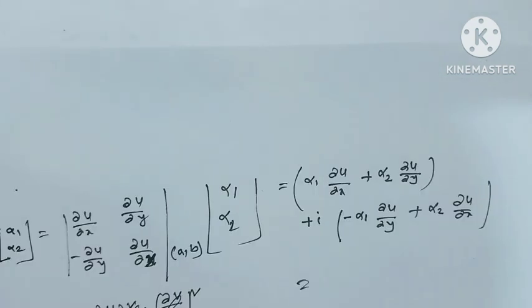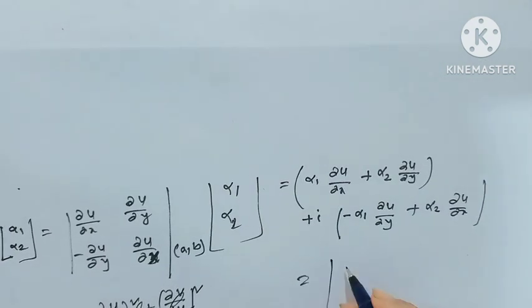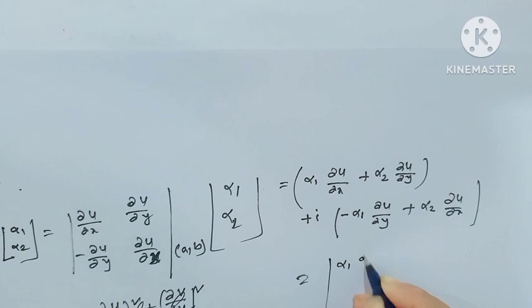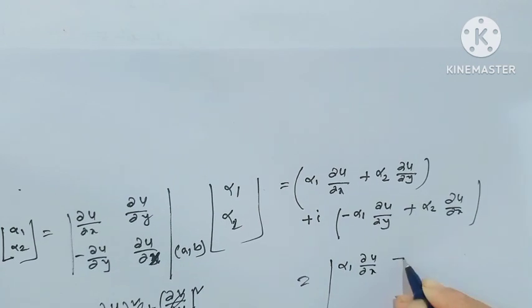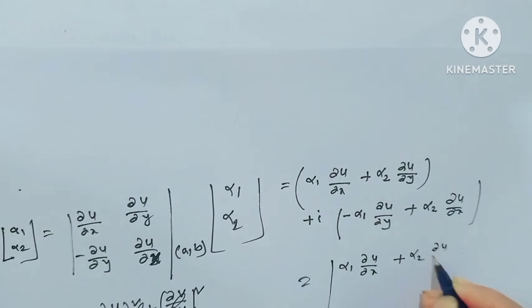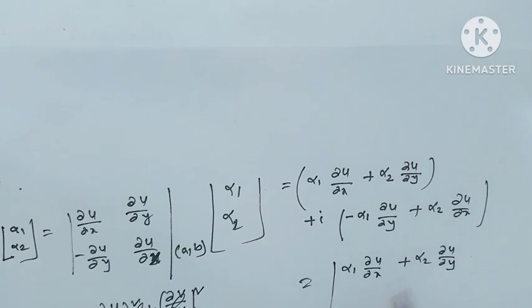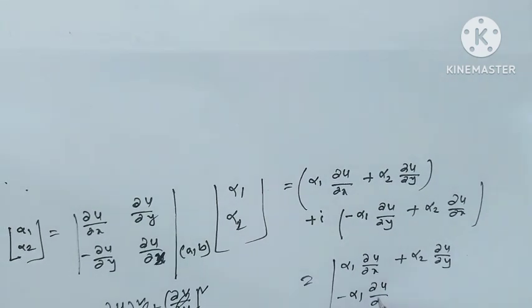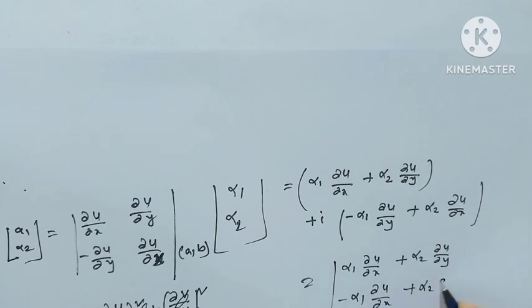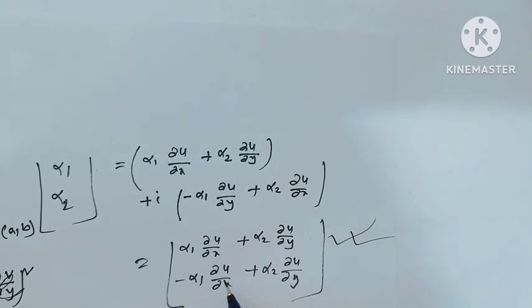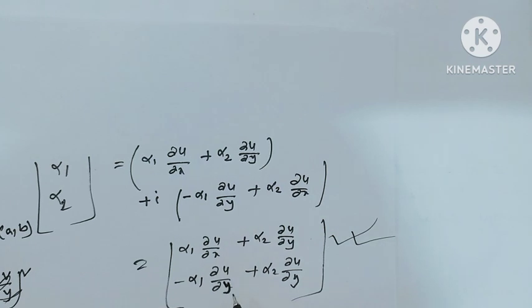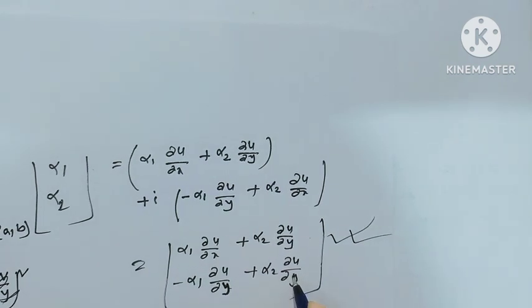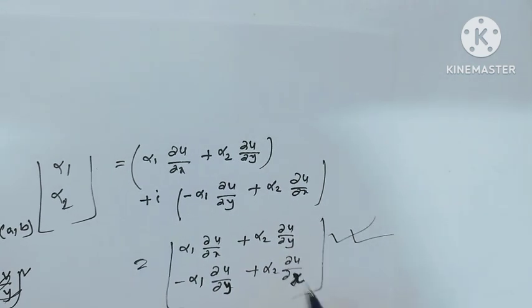If you write this component-wise, then this would be alpha 1 del u del x plus alpha 2 del u del y. And here it would be minus alpha 1 del u del y plus alpha 2 del u del x. Sorry, here not x, here minus alpha 1 del u del y plus alpha 2 del u del x.